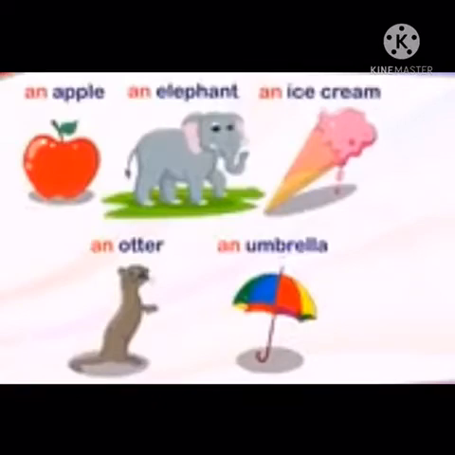An apple, an elephant, an ice cream, an otter, an umbrella. The words apple, elephant, ice cream, otter and umbrella start with vowel. So that's why we use an with them.